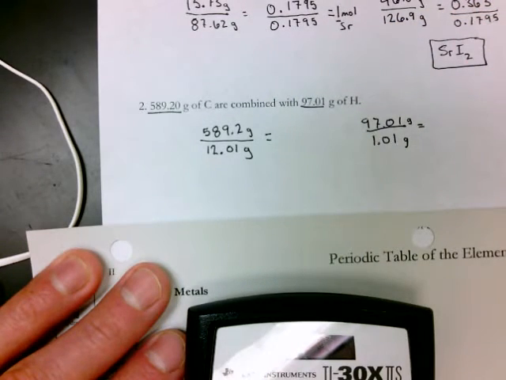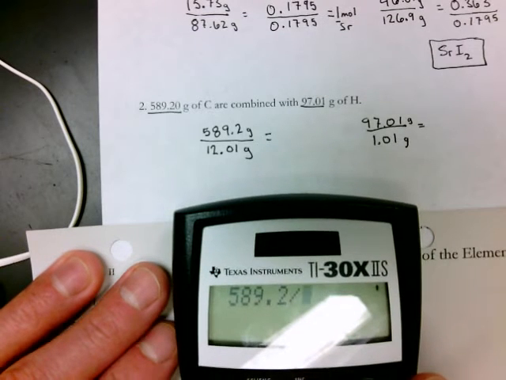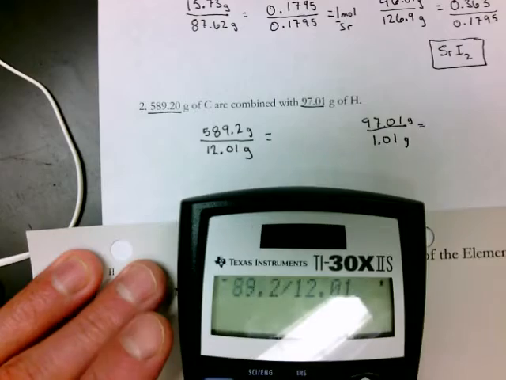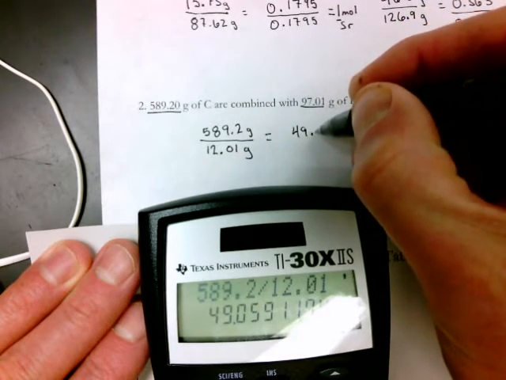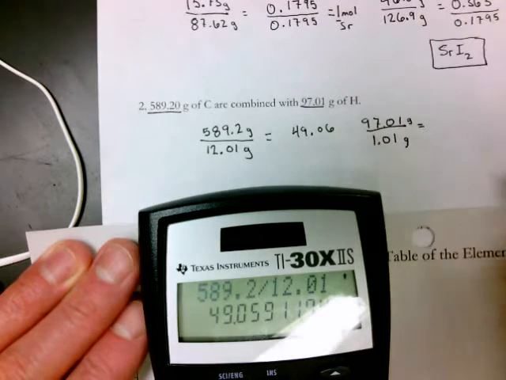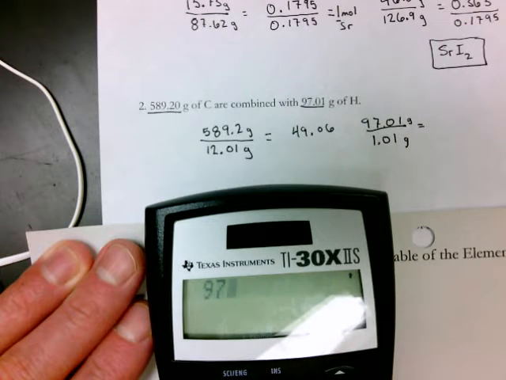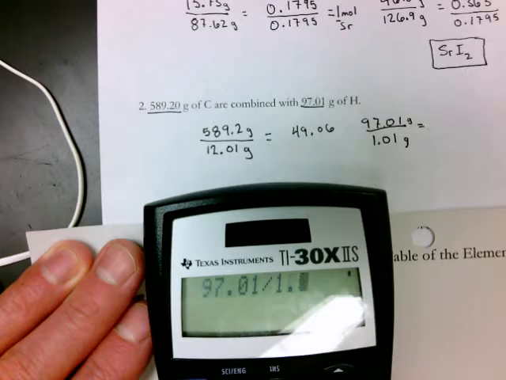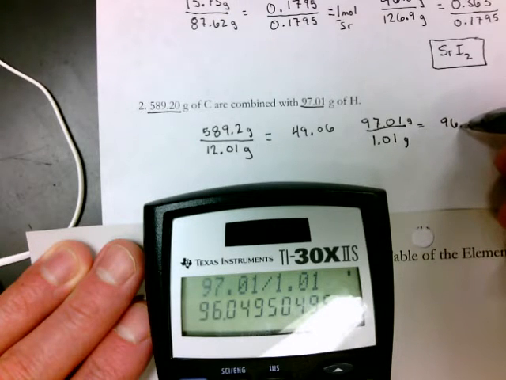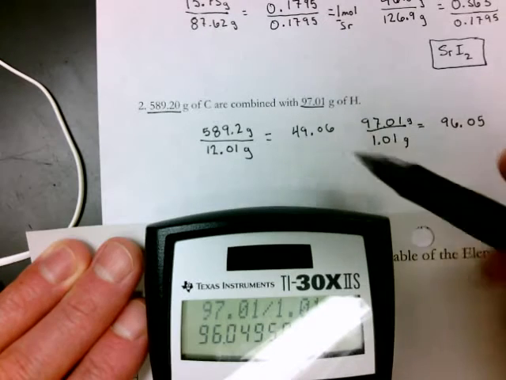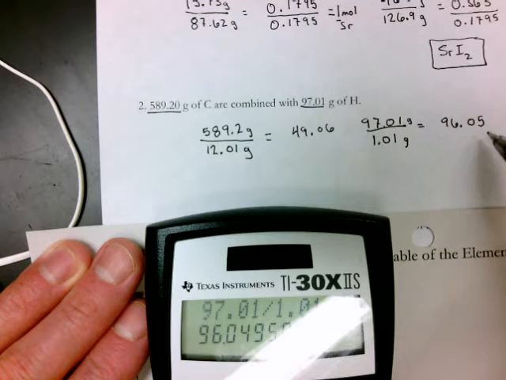Just divide these two out. 49.06. And 97.01 divided by 1.01 is 96.05. So this is moles of carbon, this is moles of hydrogen.